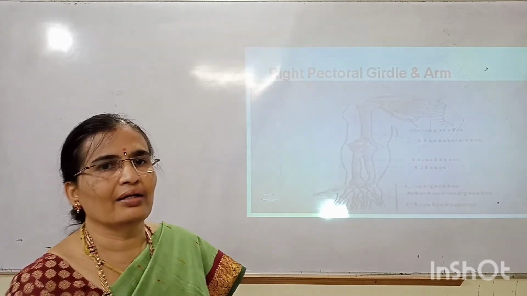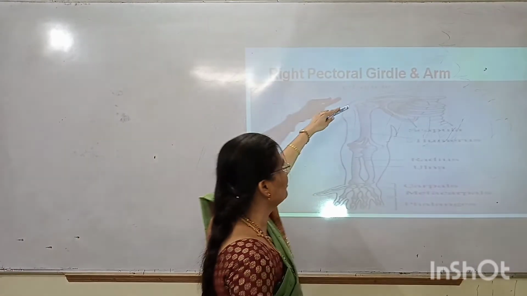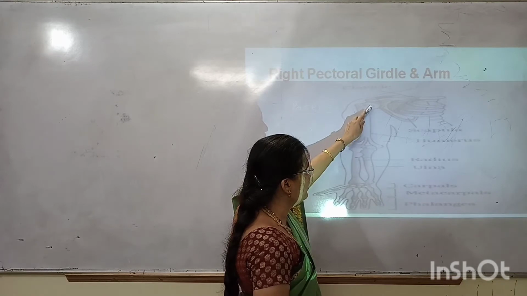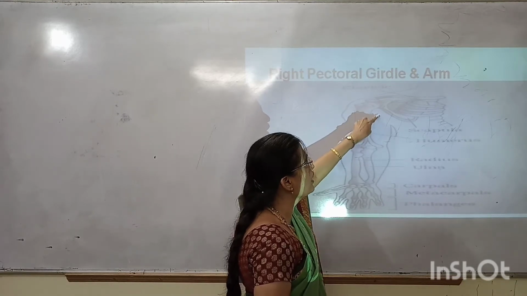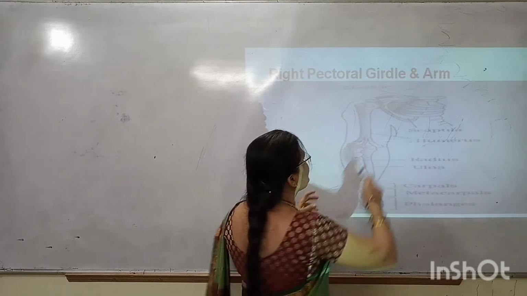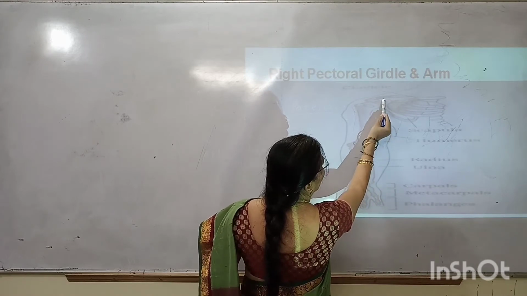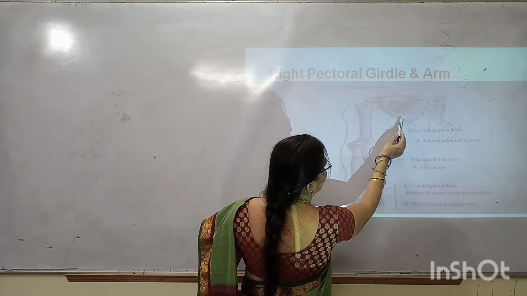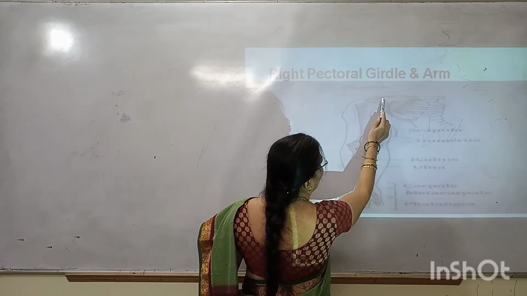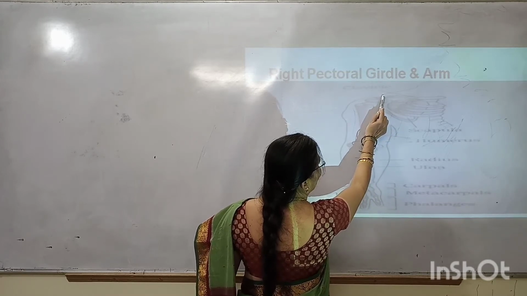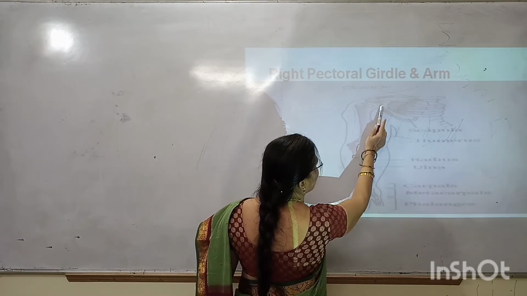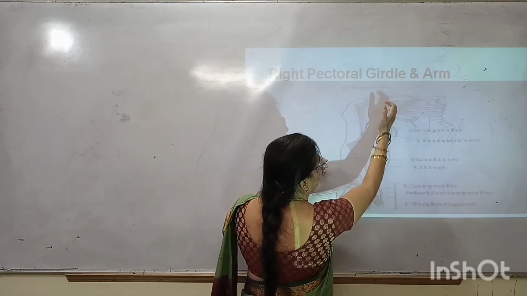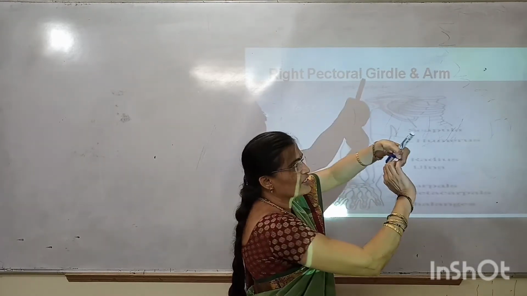And below this acromion, a cavity called the glenoid cavity is present. You can see here, this is the ridge-like structure of this scapula, and in this ridge-like structure, the clavicle is fixed like this.